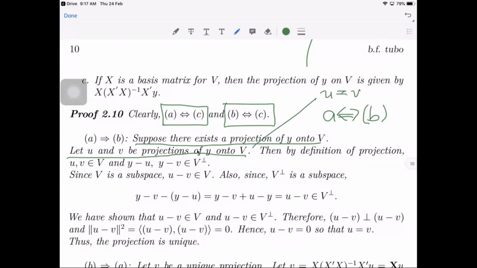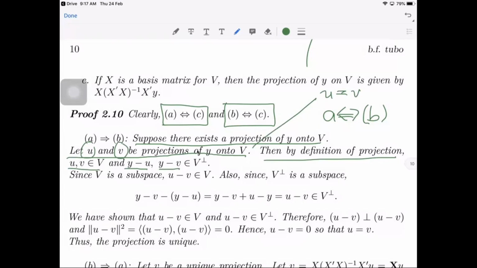Okay. So if U and V are projections of Y unto V, then by definition of projection, both U and V are in the subspace V, and Y minus U and Y minus V are in B perp. That is by definition of projection.